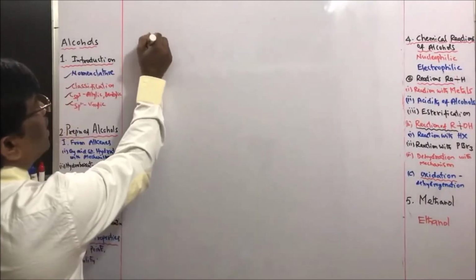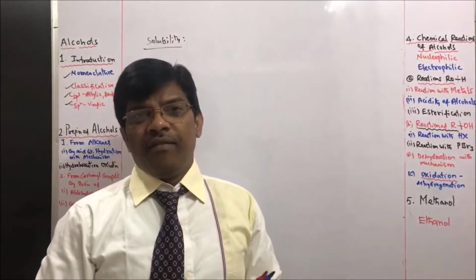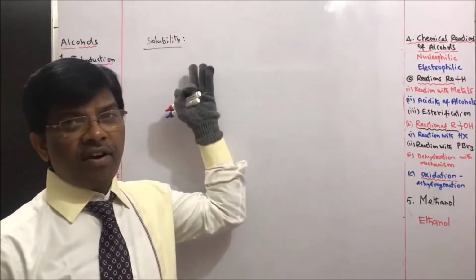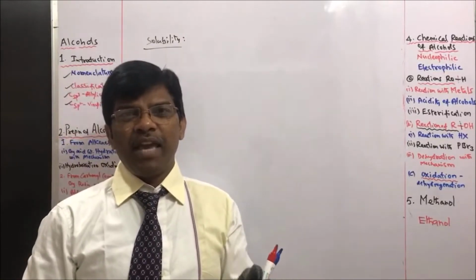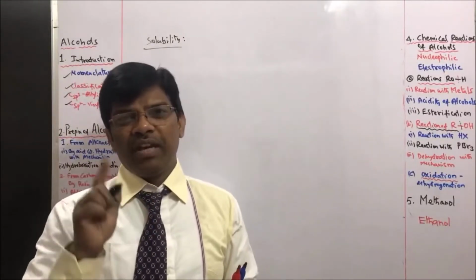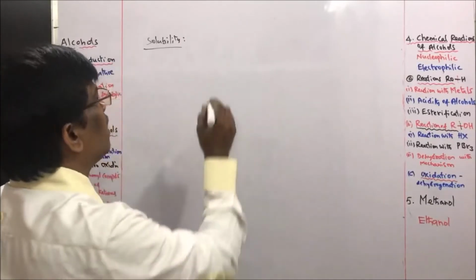So solubility, right? Alkyl halides are insoluble in water. When it comes to solubility of alcohols, all of you know that alcohol can be mixed with water to give a uniform solution, right? So it is miscible with water.